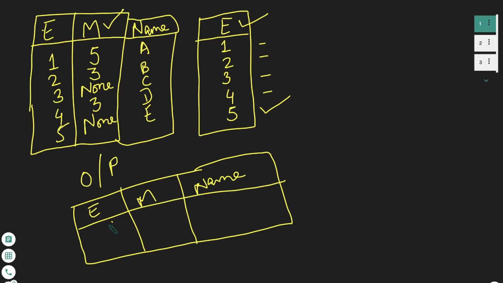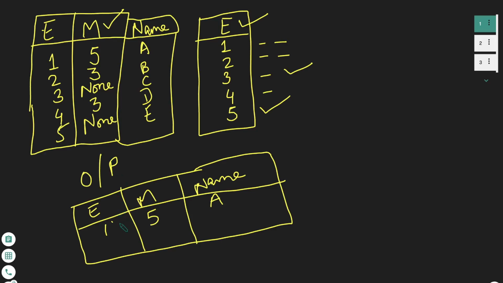So the employee ID is 1, the manager ID is 5, and the name of the employee is A. For my second row, 3 does not match with 1, does not match with 2, it matches with 3.